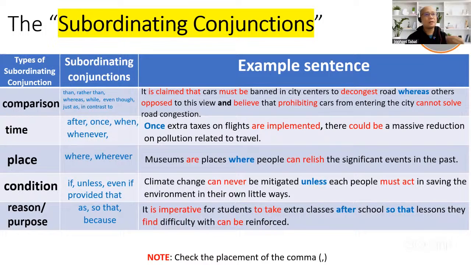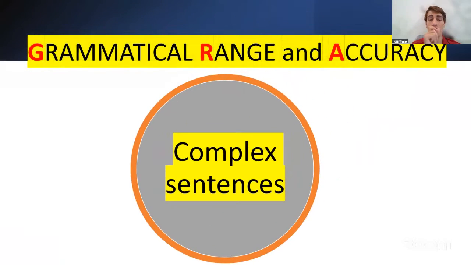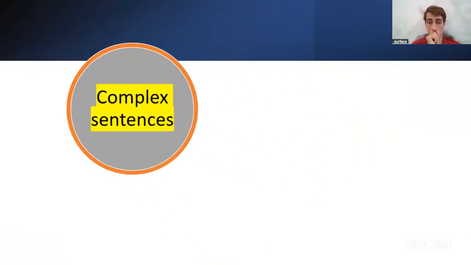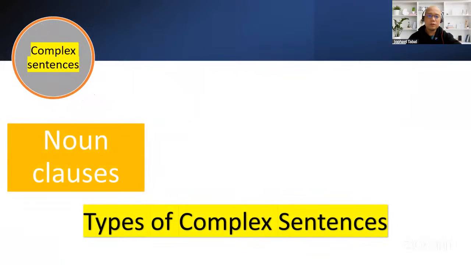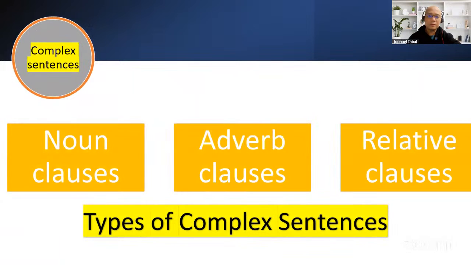When they acquire grammar like complex sentences, I think they're still at the level of 5.5 to 6, right? I think you are focusing on complex sentences a lot. How would you teach them grammar?